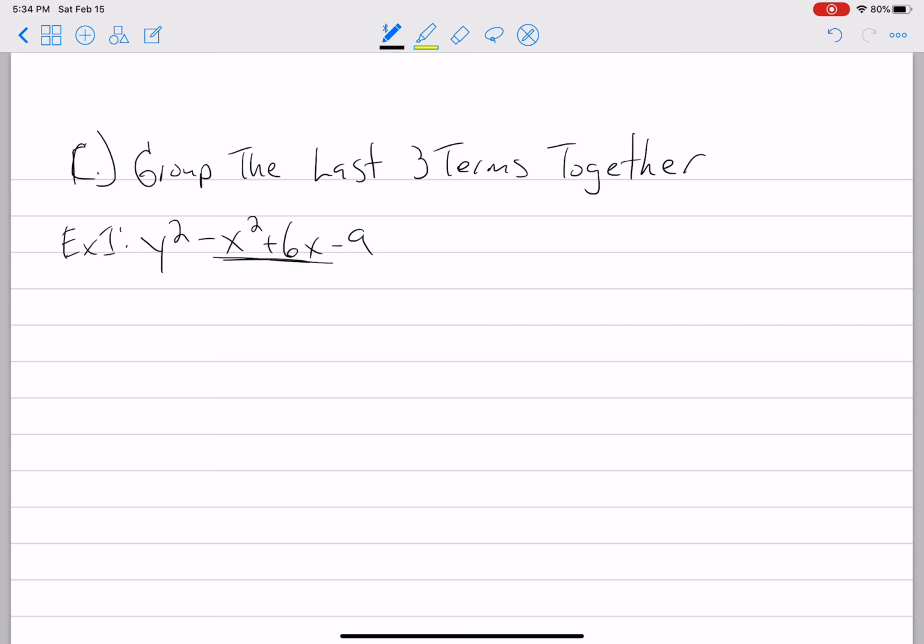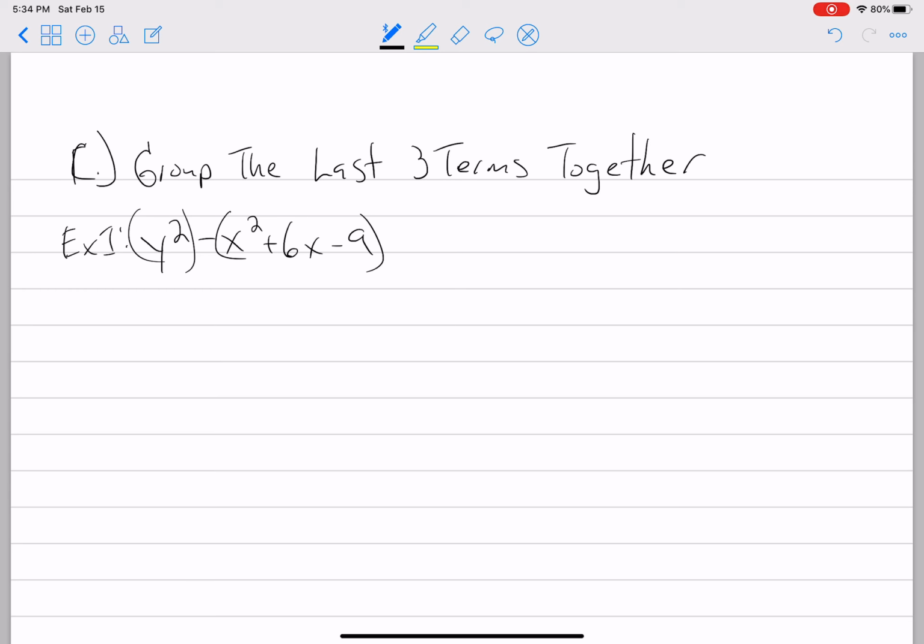And again, notice this looks like a quadratic trinomial, and these are in x's, and this is totally different in y's. So this kind of tips me off that maybe I should group those last three together. So let's go ahead and do that. I'm going to put this right here, and I'm going to keep that right there. Okay. Again, I could factor this.